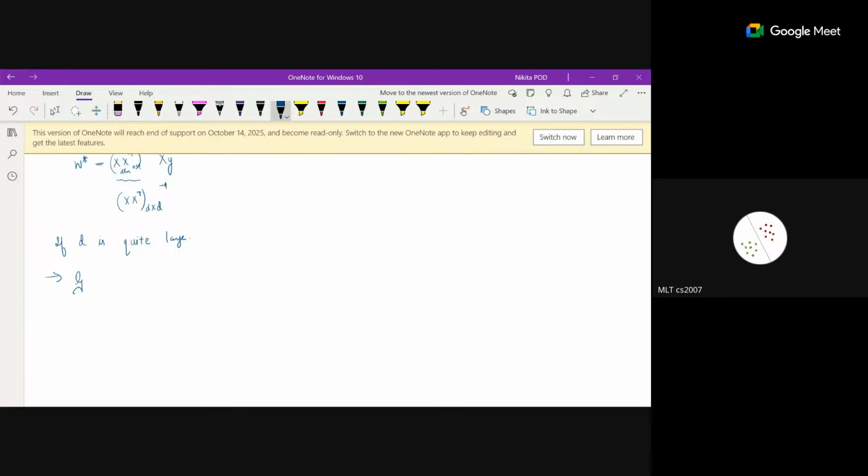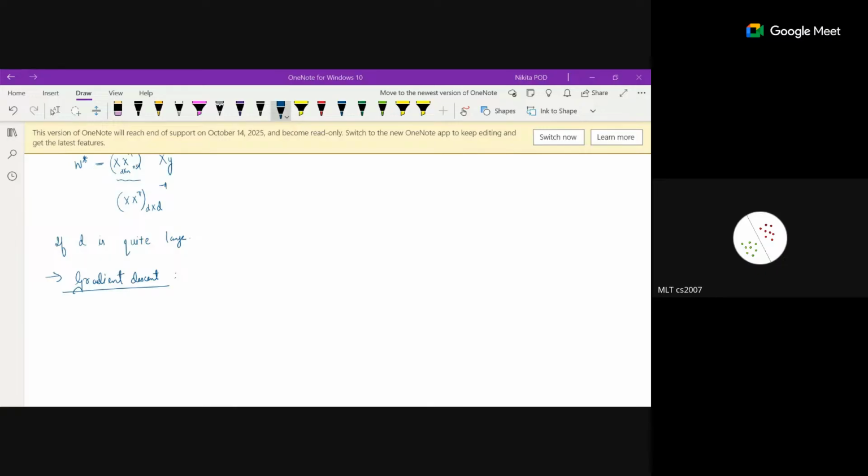I hope many of you would have already heard about gradient descent, or would have studied it in some courses already. So, what does gradient descent do here?